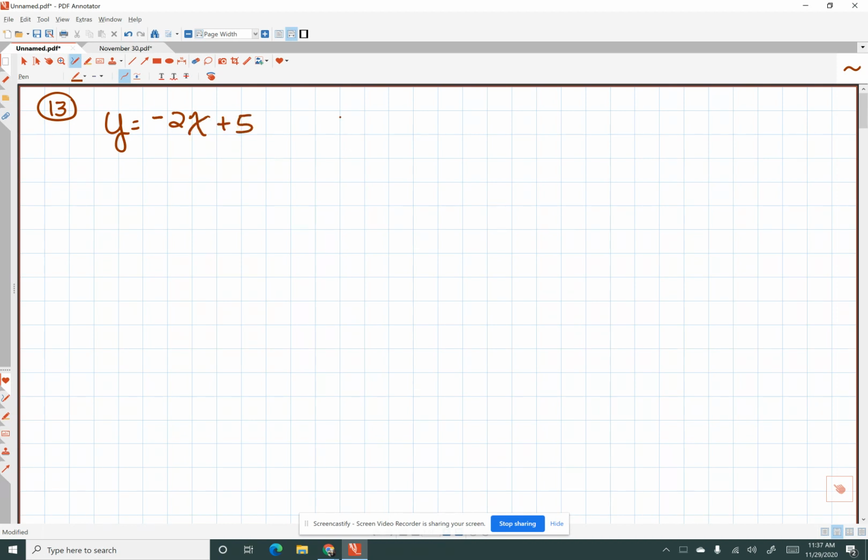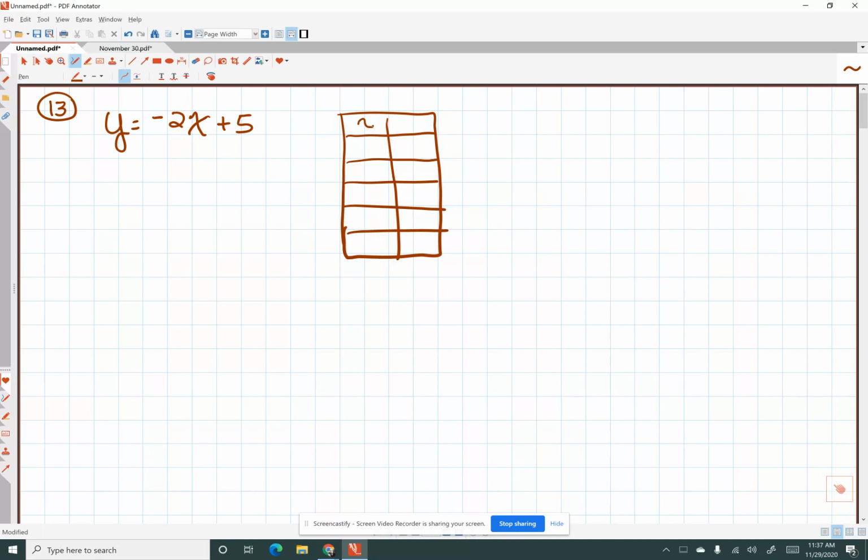And they gave us a table with the x values 0, 1, 3, and 5. So we have our x values, our y values. I don't think we need to figure out any more than that. So what we're going to do is substitute these x values.